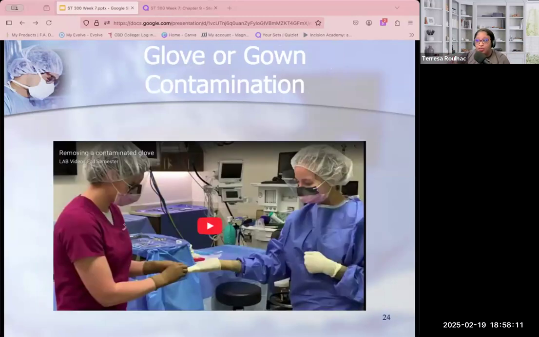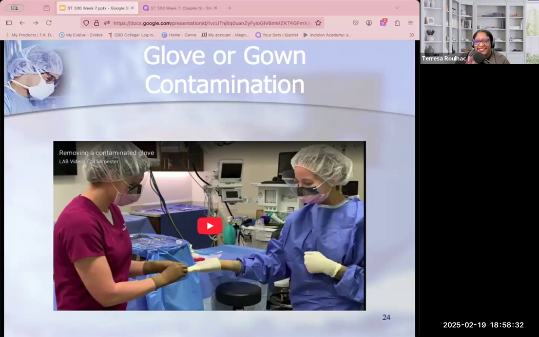Like I said, this next part is really about visualization because I know that at this part, everybody's ready to get in there and do it. But have a little bit of patience because you're almost there. Sometimes our gloves get contaminated when we are scrubbed in or even when we're setting up.